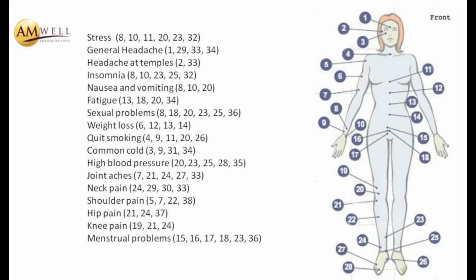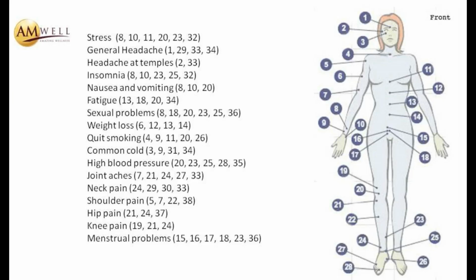For general headaches, headache at the temples, insomnia, nausea or vomiting, and fatigue: for fatigue, you apply pressure on 13, 18, 20, and 34. For sexual problems and weight loss, you can also use the wand at those particular areas: 6, 12, 13, and 14.